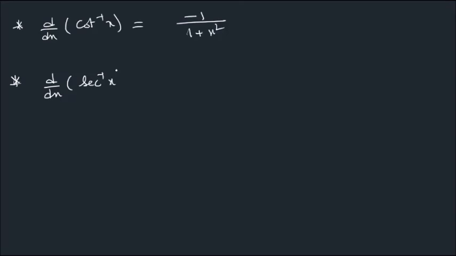d by dx of cot inverse x is equal to minus 1 by 1 plus x square. d by dx of secant inverse x is equal to 1 by x into root of x square minus 1.